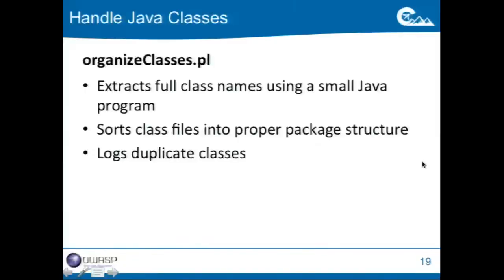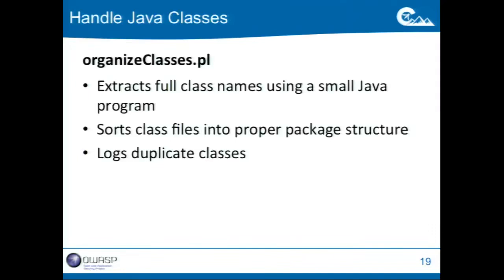So let's see, we can skip the rest of that. Once the files have all been extracted, the classes are one of the main targets that we're going to have for reverse engineering. But they're spread all over the place because there's going to be jar files and containers of other types throughout the application, not necessarily organized very well.